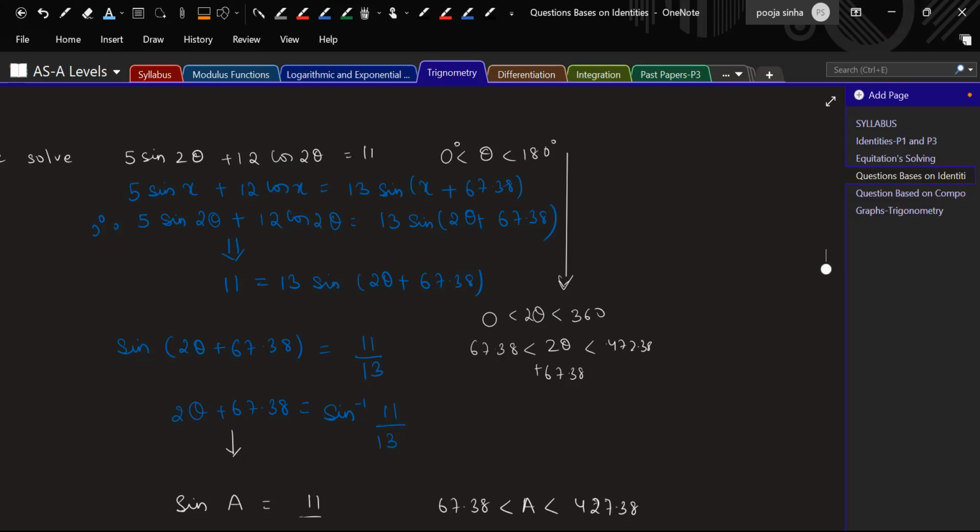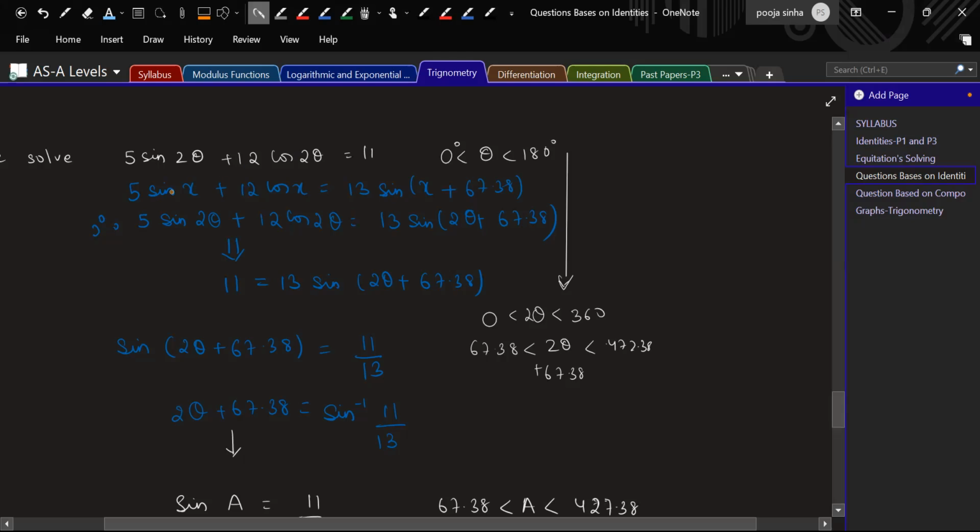Over here, did you make x 2 theta? हाँ. Because the original equation was in terms of x, correct? Yeah. This was the original equation, but my question is in terms of 2 theta. So x is 2 theta, so wherever there is x, it becomes 2 theta.